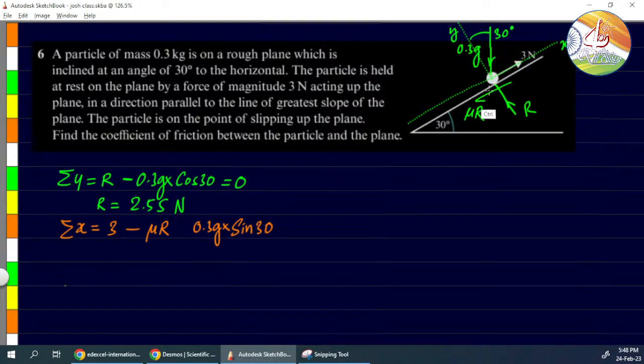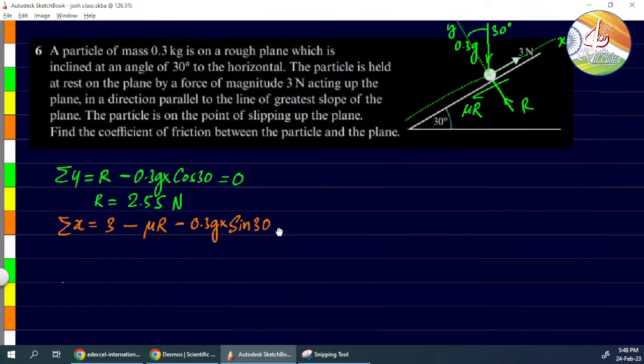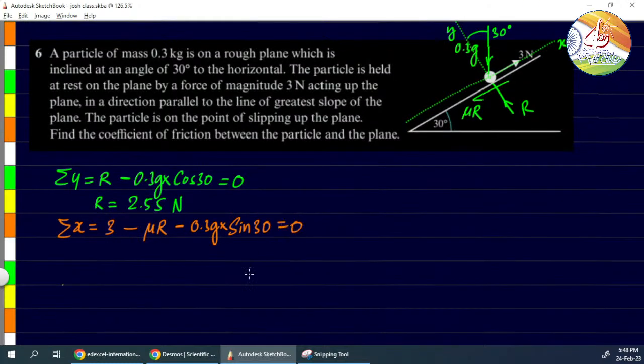Is it positive or negative? Because this is acting downwards, the component will also act to the left side. So left side means minus. Correct? So this total should be equal to 0.